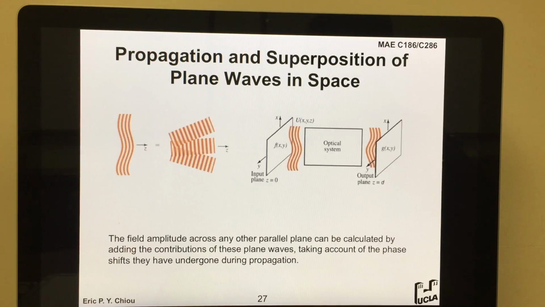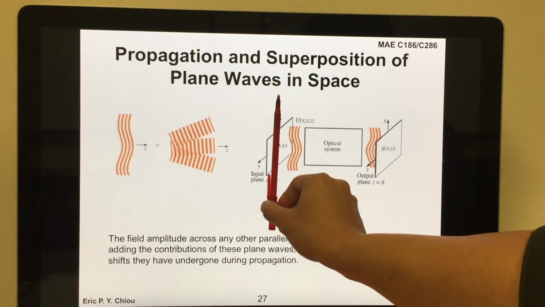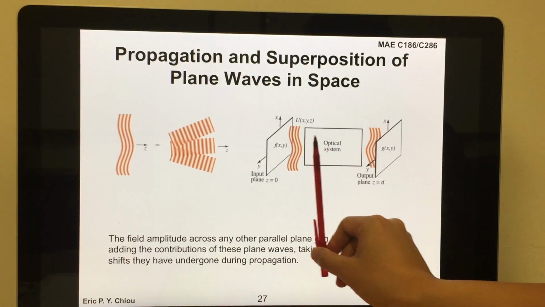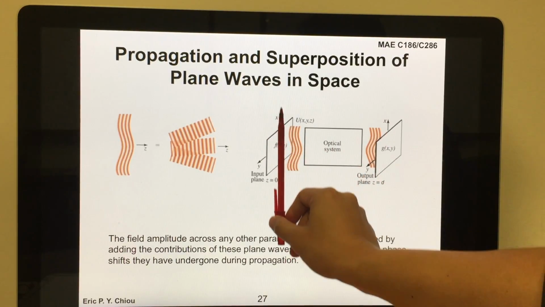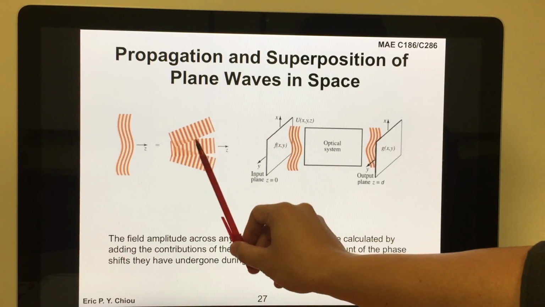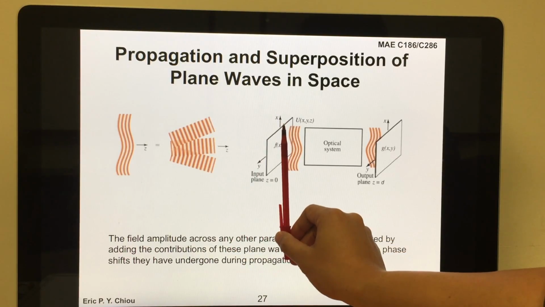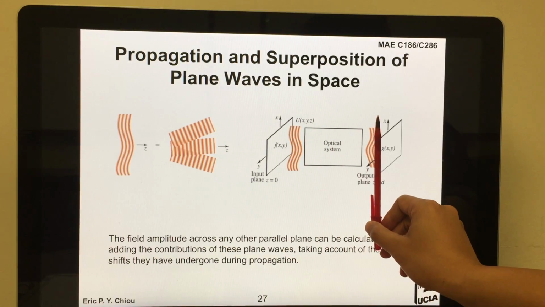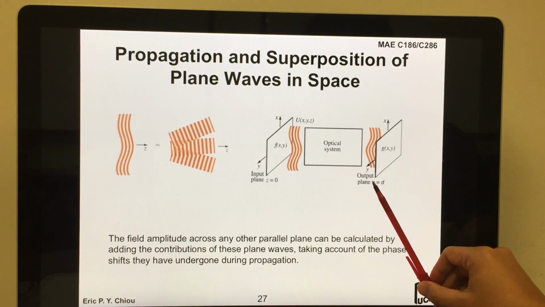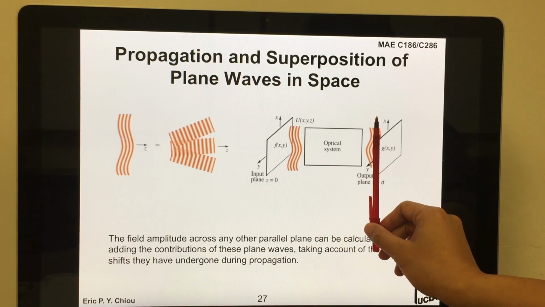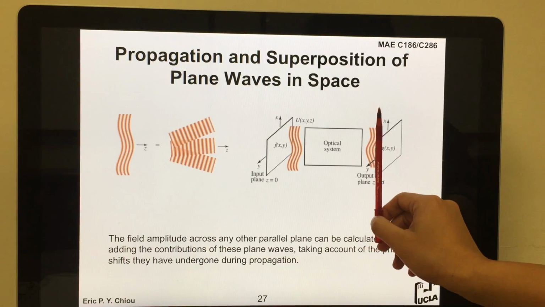So the way you look at the relationship between the image here and the image here is that for the image here, you can decompose it into different plane waves and their superposition. When these plane waves propagate through a space, let's say z equal to d, each plane wave goes through a different phase, having an extra phase term.